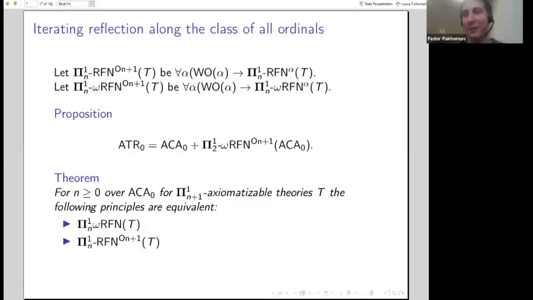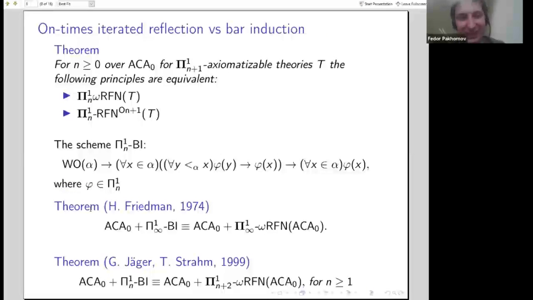So basically, omega model reflection is simply omega plus one time iterated usual reflection. I think in this form it's new, but it's kind of similar to what we already know.